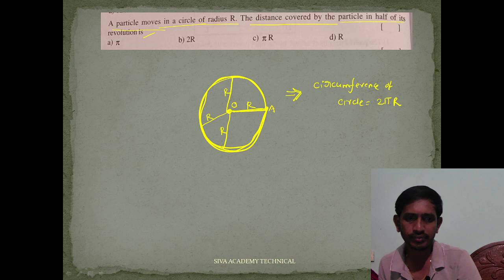But we need it for half a revolution. For half a revolution, we take half of the complete revolution. 2 pi r by 2, the 2s cancel. So pi r is my answer. This is for half revolution. My distance is pi r. This is C, the answer.